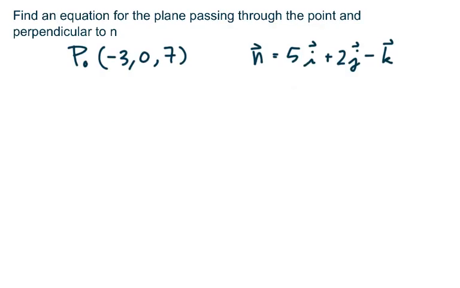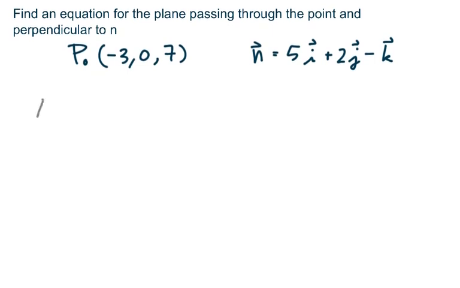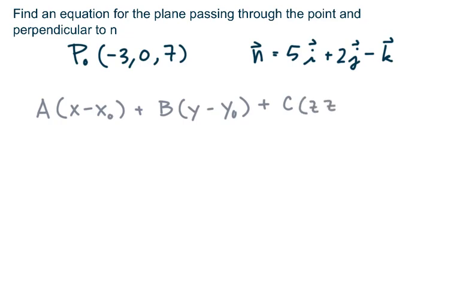In this example, we're going to find an equation for the plane which passes through the given point and is perpendicular to the normal vector. So recalling from above that normal equation, A(x minus x naught) plus B(y minus y naught) plus C(z minus z naught) equals 0.